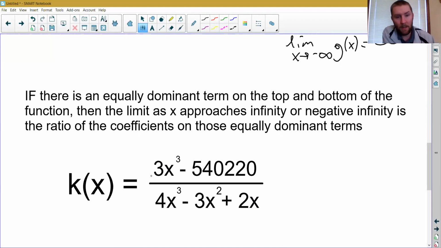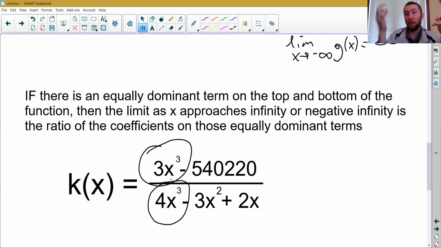My dominant terms are here and here. These are equally dominant because they're both x to the third power. There's nothing that's going to beat out x to the third power in any of these terms.